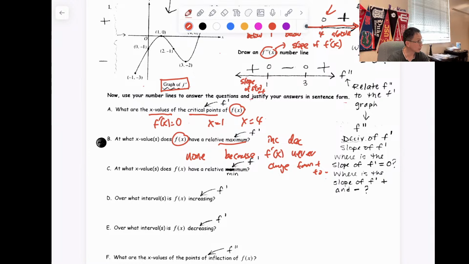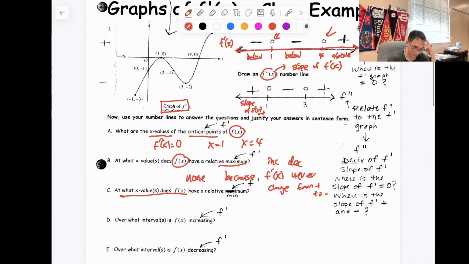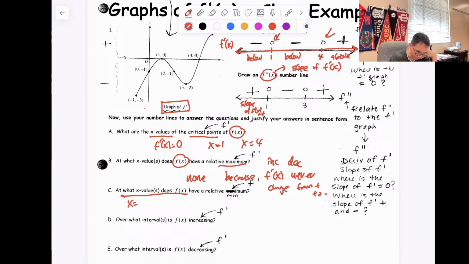Is that okay? Now, at what x value does f of x have a relative minimum? Where would you say? At x equal to 4. Why? Because it went from decreasing to increasing. So this is decreasing, this is decreasing, this is increasing.